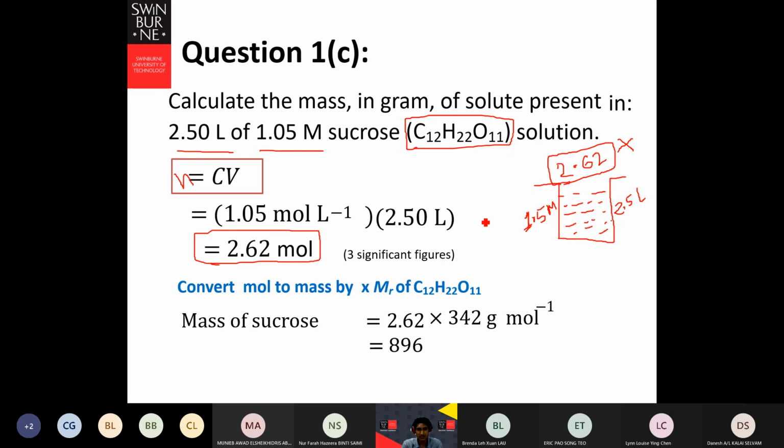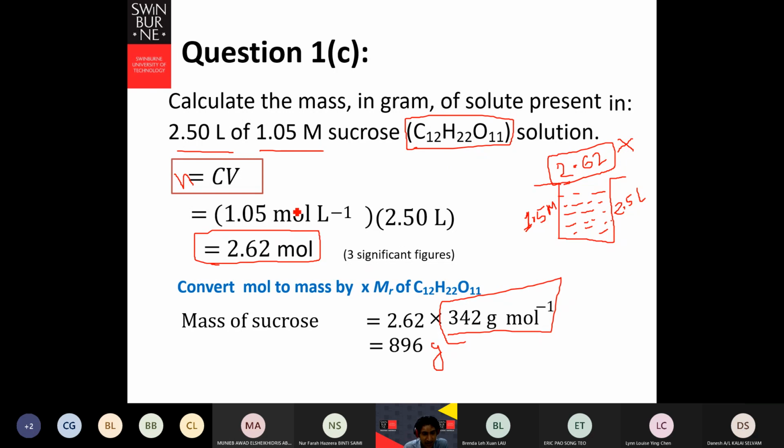How many grams of sucrose will be there? We just multiply with the molar mass of it. So it is 896 gram of sucrose. That means almost a kilo, right? Almost 1 kilo of sugar you have to add in 2.5 liter to get 1.05 molar of sucrose.